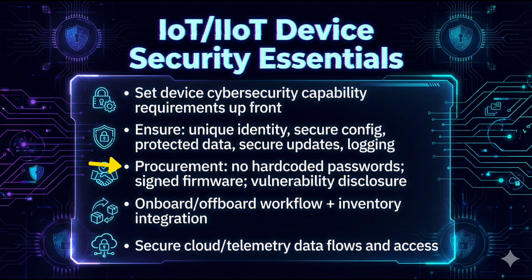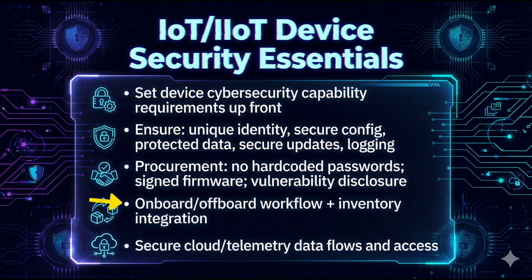When you're procuring IIoT devices, translate those expectations into requirements. No hard-coded passwords, support for secure onboarding, signed firmware, a documented vulnerability disclosure process, and the ability to patch in a supported way. If the device can't meet those requirements, treat it as high risk and contain it with network controls.